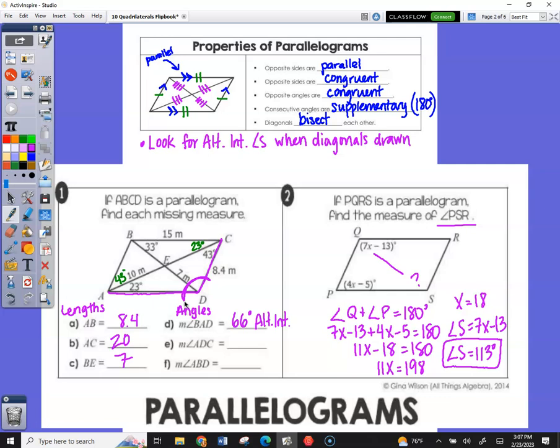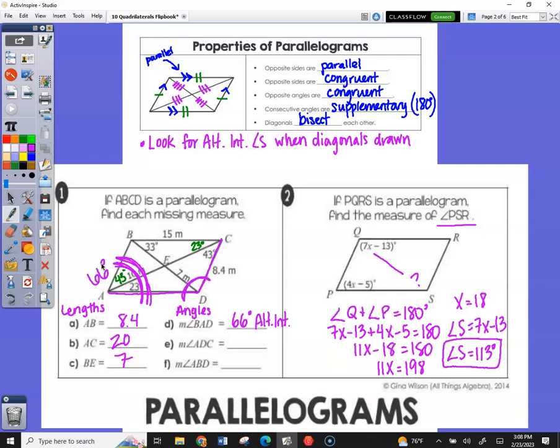Okay, multiple ways to go here. It's easier to feed off of your answer from the previous question. What was the measure of this angle over here? 66, right? I'm going to write it out here because if I write it over it, you're not going to be able to see it. But that whole angle was 66.